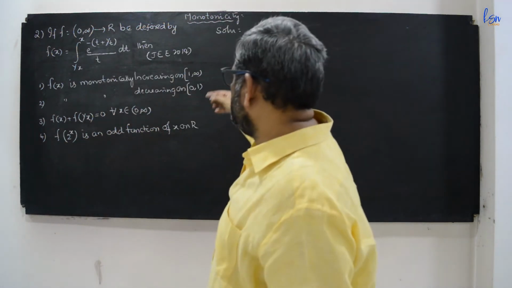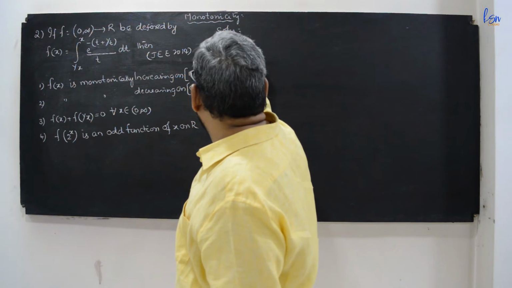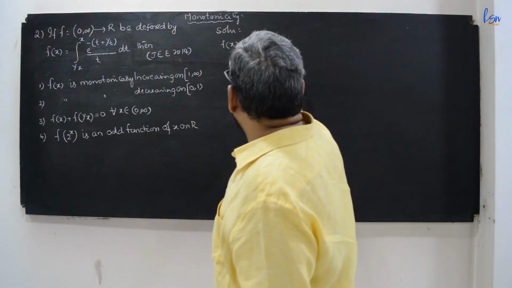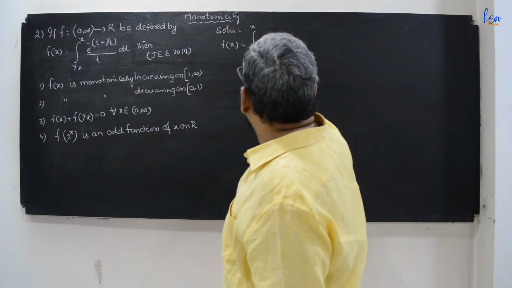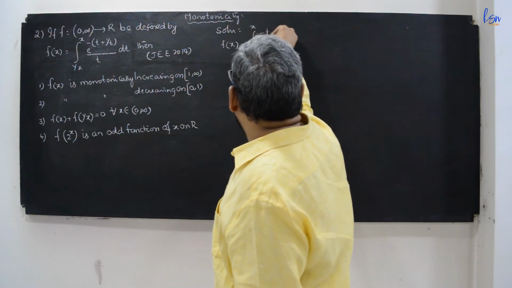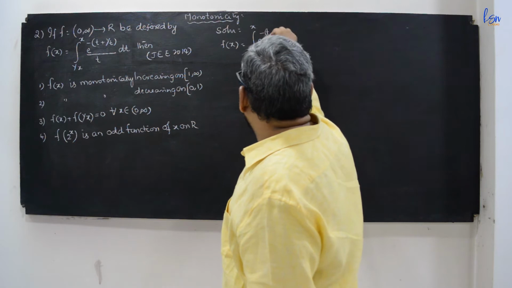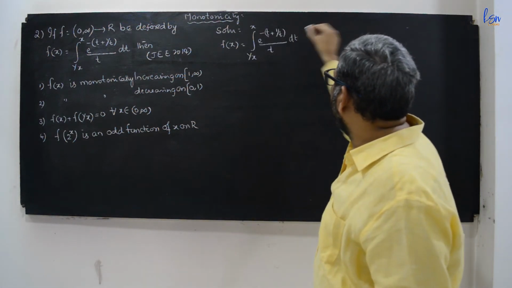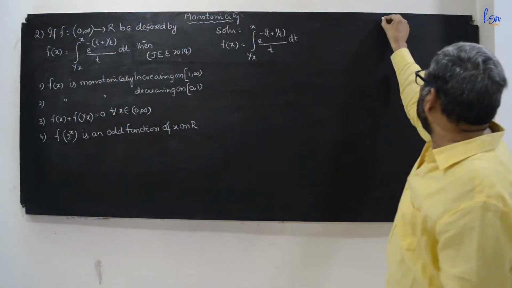We will consider the function f(x) = integral from 1/x to x of e^(-(t + 1/t)) dt.